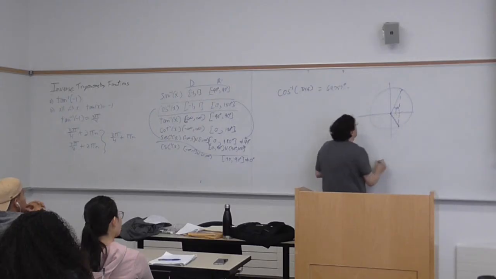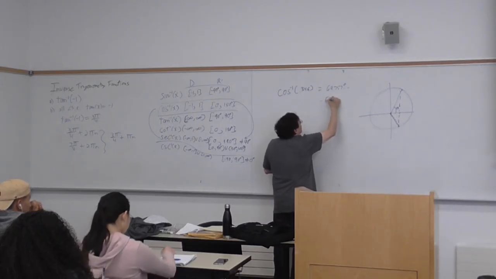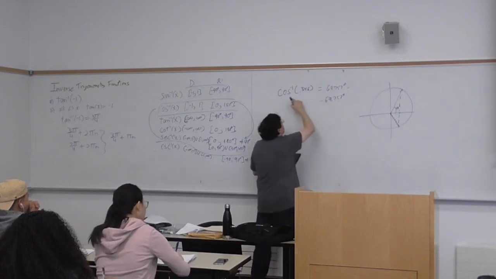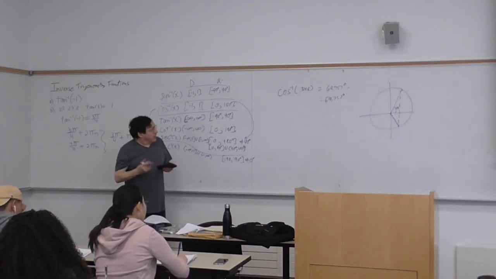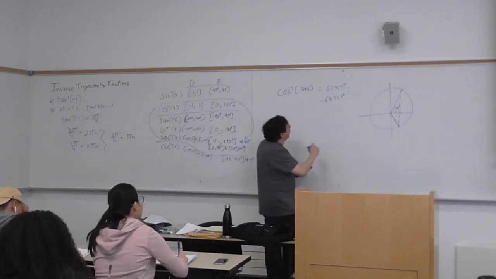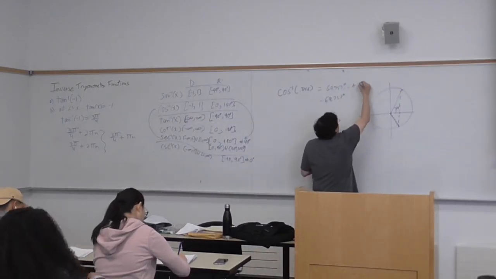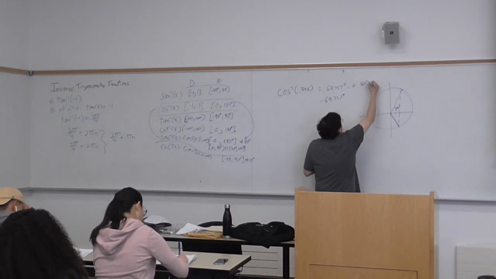Well, it's just going to be minus 69.757, for the inverse cosine. And then, if I want to get all the angles, I just add 360.